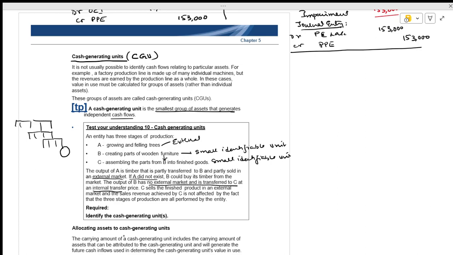We can understand by its nature it is the smallest unit as such. C sells the finished products in the external market, and the sales achieved by C are not affected by the fact that three stages of production are performed by the entity.